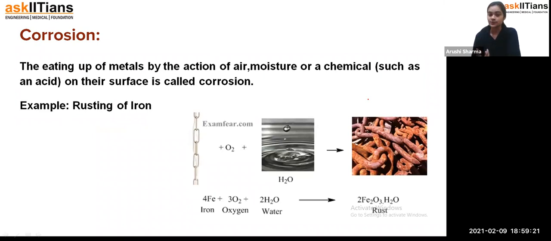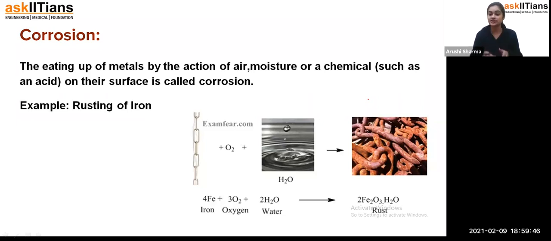Now, what exactly is corrosion? What happens, students, when a metal is in direct contact with air and moisture? There is a reaction between the metal and the air and moisture, and that is how another compound is formed, and due to that you can see a brown color layer over the metal, generally iron. That we call corrosion.